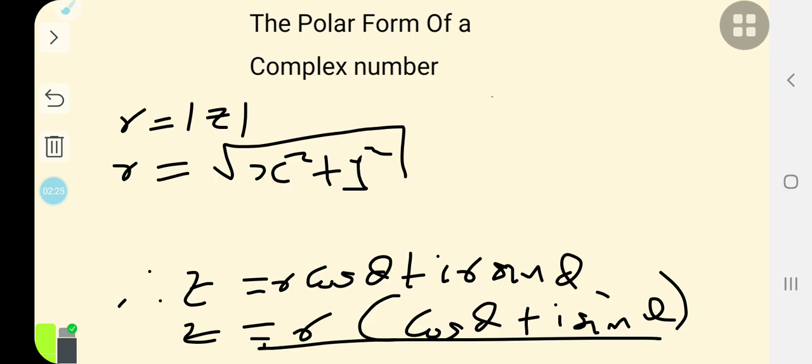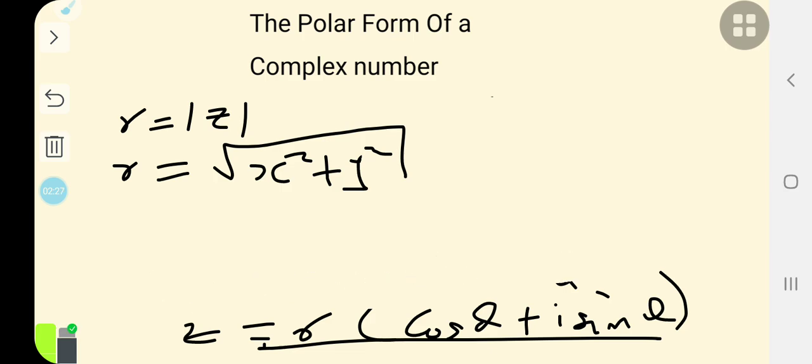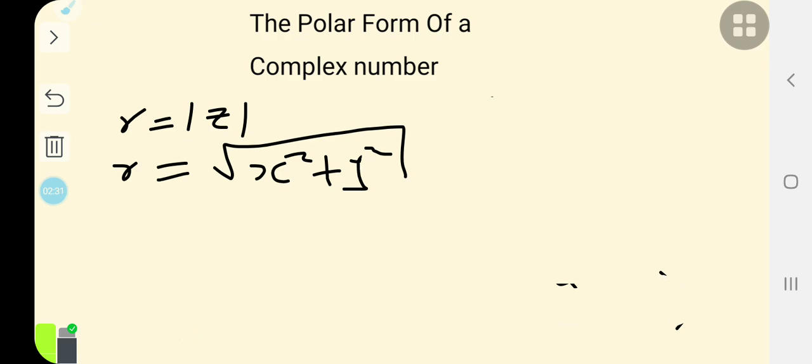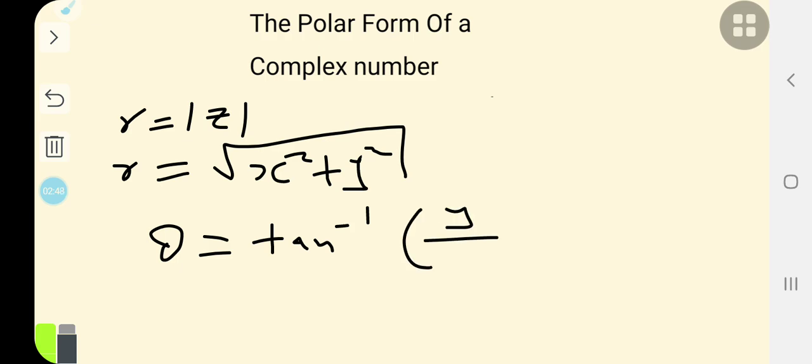And how do we find the amplitude or the argument? Simple, theta is the amplitude or the argument. It will just be equal to the tan inverse of y over x. Then you have found your argument.